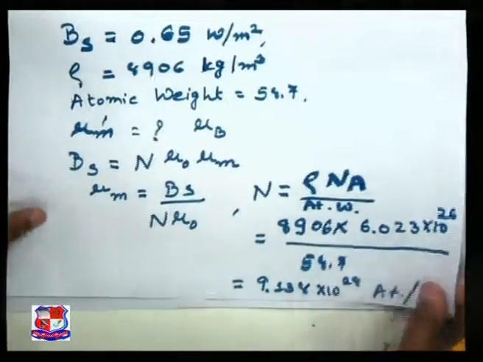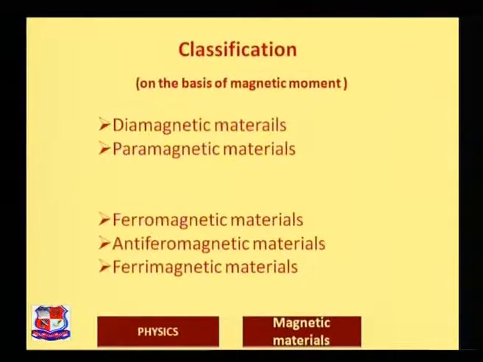Using this capital N, we can find out mu m. According to the equation, it is Bs, which is 0.65, divided by n mu 0. So it is 0.65 divided by 9.138 into 10 raised to 28 multiplied by mu 0, that is 4 pi into 10 raised to minus 7, the permeability of the vacuum.